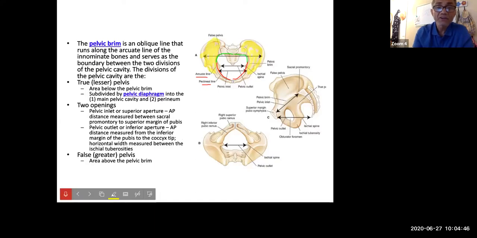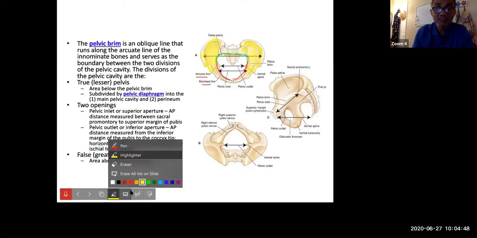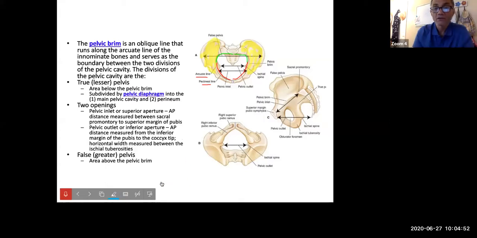Meaning, where is the true pelvis or the minor pelvis? It will be this one.